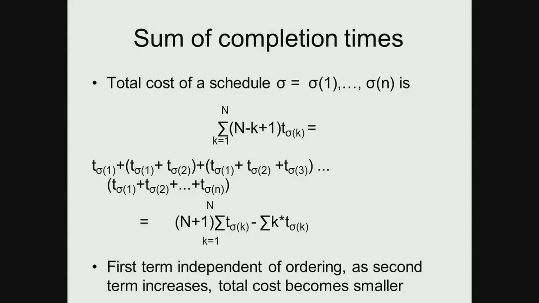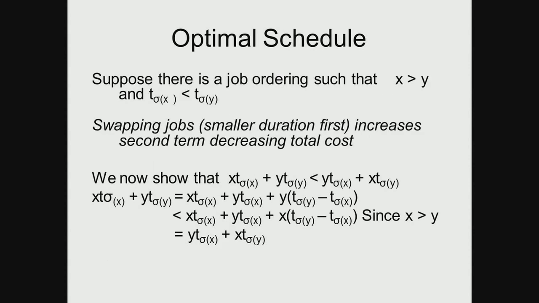And there is a subtraction term there. Therefore, as the second term increases, the total cost becomes smaller. So, let us see what makes the second term actually increase and therefore reduce the sum of completion times.